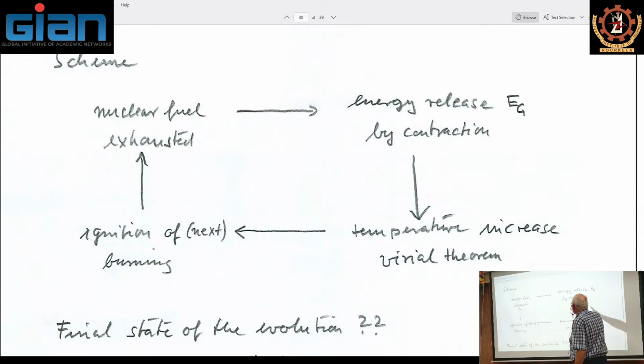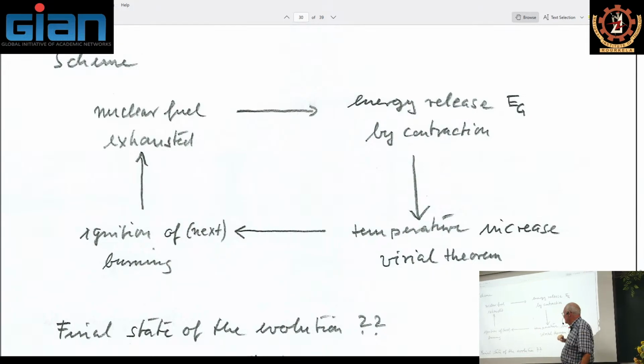So it has to release gravitational energy by contraction. Then it will become hotter according to the virial theorem. The temperature will increase according to the virial theorem. Well, the temperature increase then might lead to a temperature which is sufficient to ignite the next burning stage. You have seen the burning stages require successively higher temperatures.